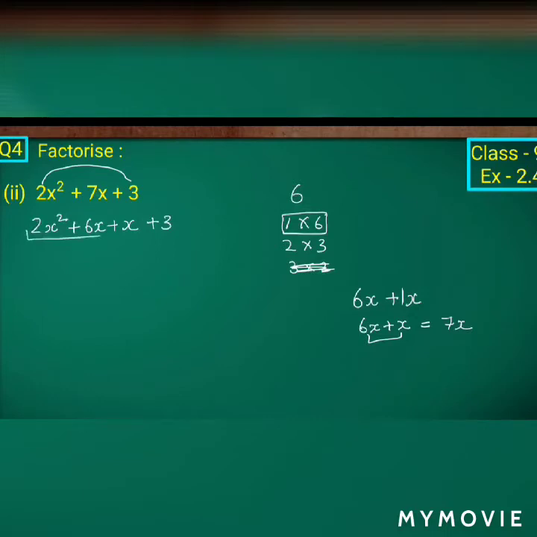Now if you observe, in 2x square plus 6x, what is the common term I can take? 2x, isn't it? So if I am taking 2x common here, what else will remain here? So 2x into x which is giving 2x square, isn't it?